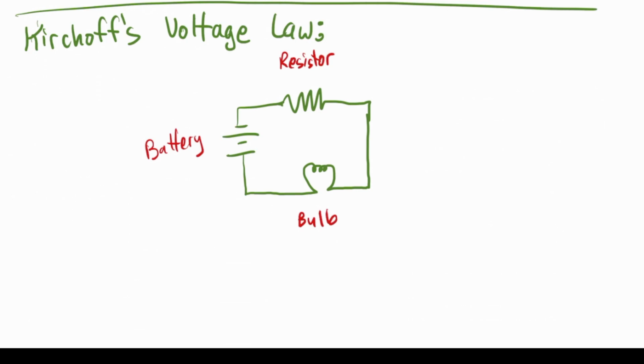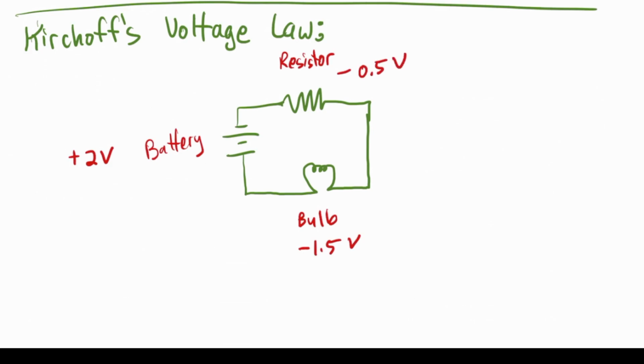So what we're going to notice here is that we know that our battery is what supplies energy to the circuit. It induces a voltage. So in this case, we're going to say that our battery has a voltage of 2 volts. We're going to say that our bulb is going to use 1.5 volts. So energy is going out of the system, so to speak. And our final resistor is going to be a half volt drop across that.